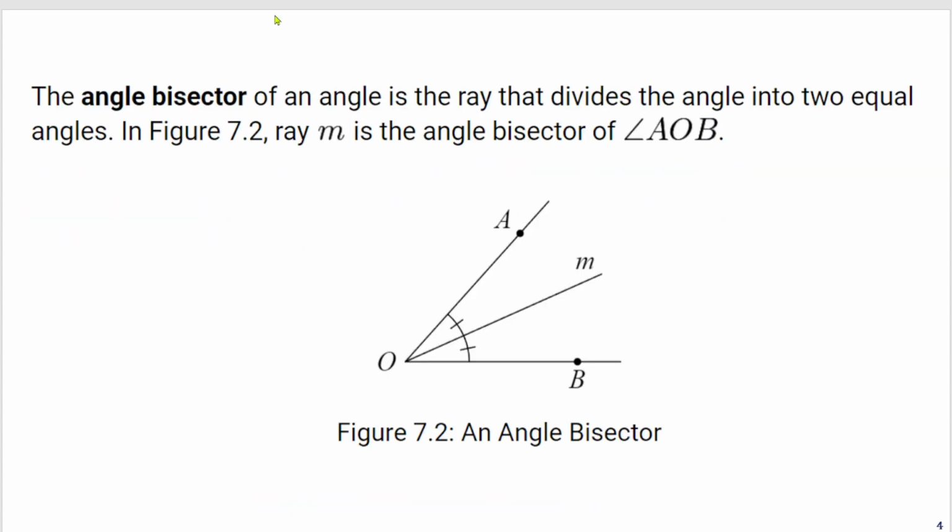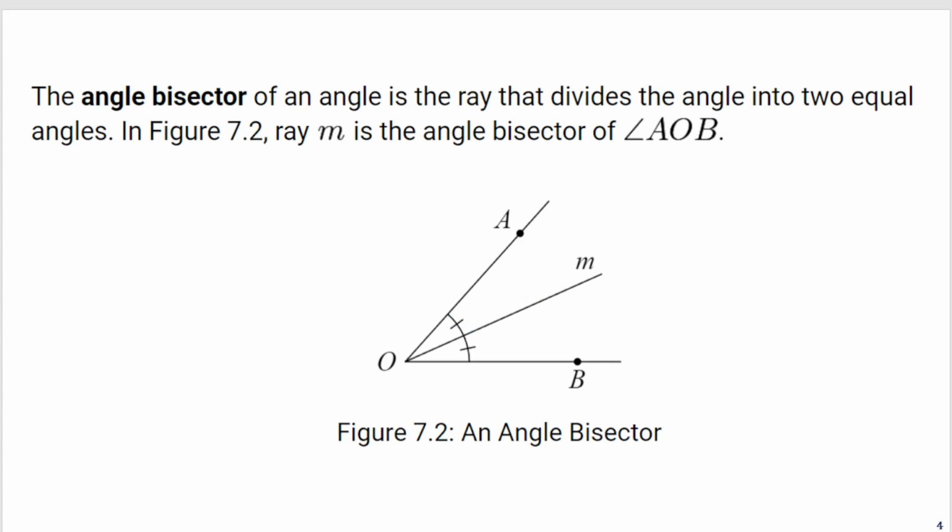Okay, and there is another concept called angle bisector. The angle bisector of an angle is the ray that divides the angle into two equal angles. For example, if we have an angle AOB and there's a ray M, and ray M divides the given angle AOB into two equal angles, for example, let's call this point P, angle AOP equals angle BOP, then we call the ray M the angle bisector of angle AOB.